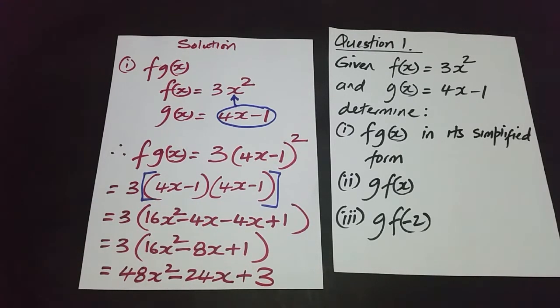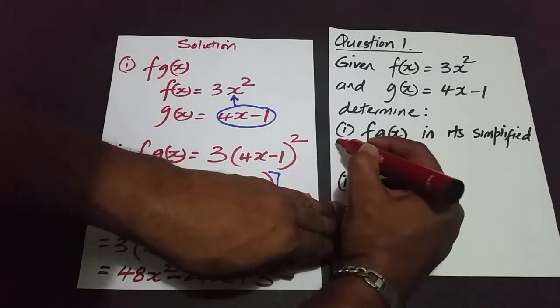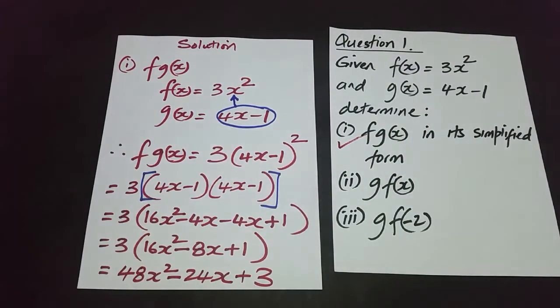And that is what the composite function f of g of x would be equal to. So in essence, I've finished this part of the question. I've done the composite function. It's also in its simplified form, which is 48x squared minus 24x plus 3.